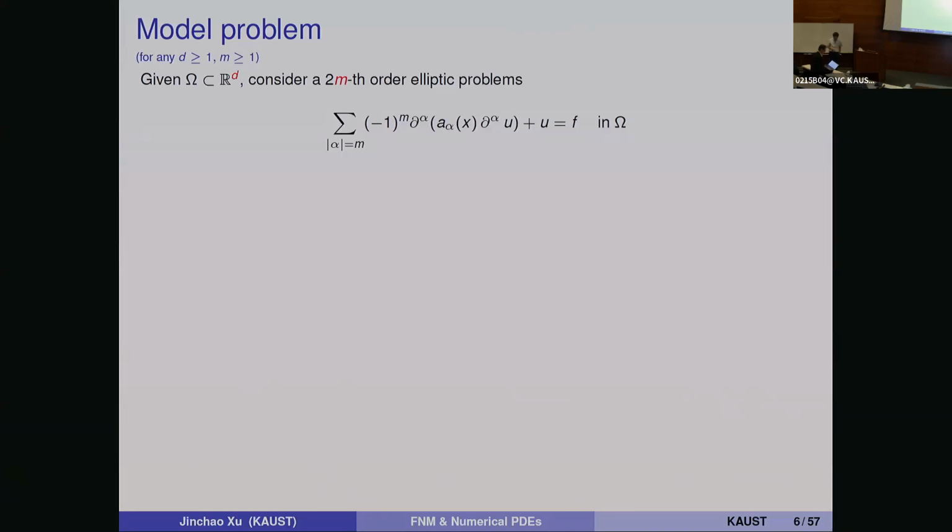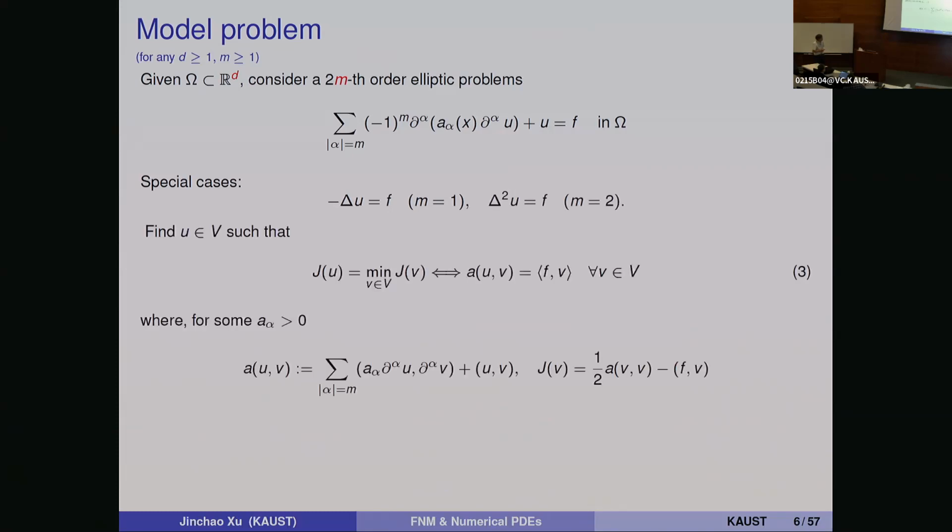So I'm going to talk about, again, partial differential equations of any order and any dimension. Of course, the old friends here are the Laplacian and biharmonic functions. If you do variational formulation, you get a minimization like the energy, into a bilinear form and all this stuff.